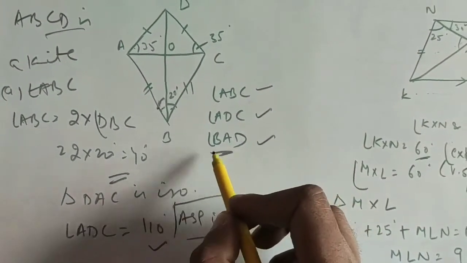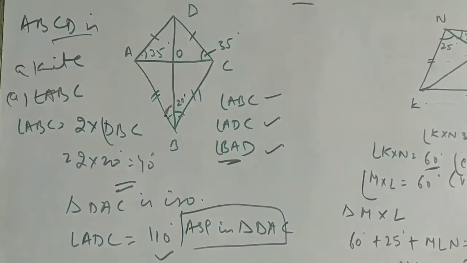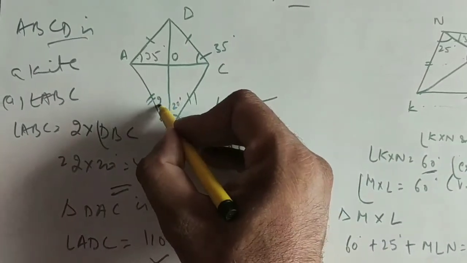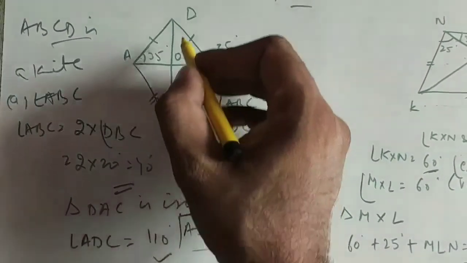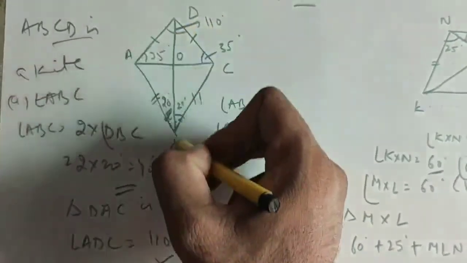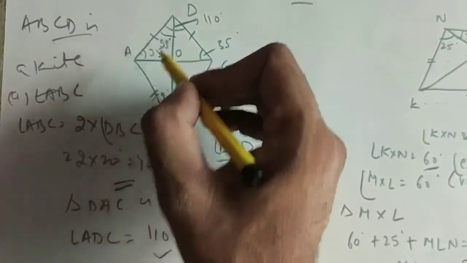Now we need BAD. Where is BAD? In case of BAD, we know that this angle is 20 degrees, because these two are equal, and we know that this whole part is 110, and this diagonal bisects these vertex angles, so this is 55.